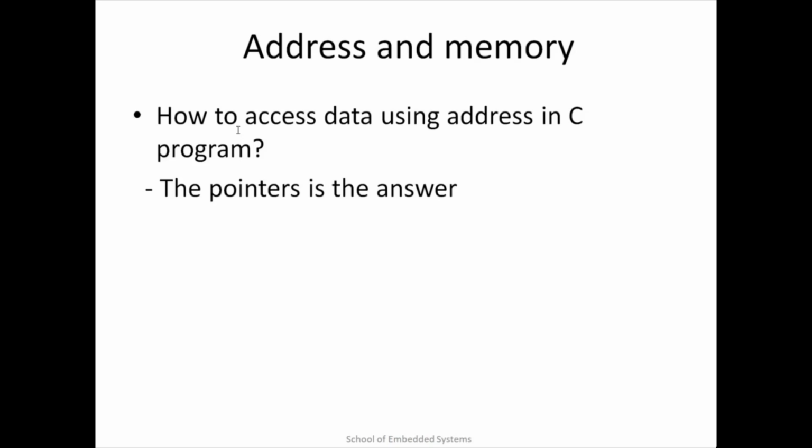There are many use cases, and pointers are a very good C programming skill. You can do a lot with them. We can access the addresses directly and use them in our C program. This is a flexibility, an advancement in C programming.